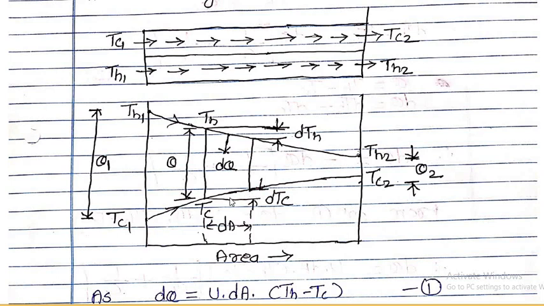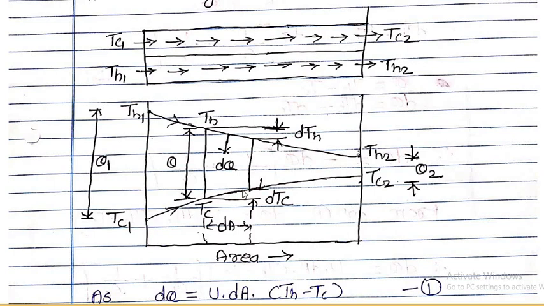The rise in temperature for the cold fluid will be considered as dTc. Now when the fluids pass over this particular area, the hot fluid loses its heat to the cold fluid, so the elemental heat transfer we consider as dq amount of heat transferred from the hot fluid to the cold fluid in this particular area.